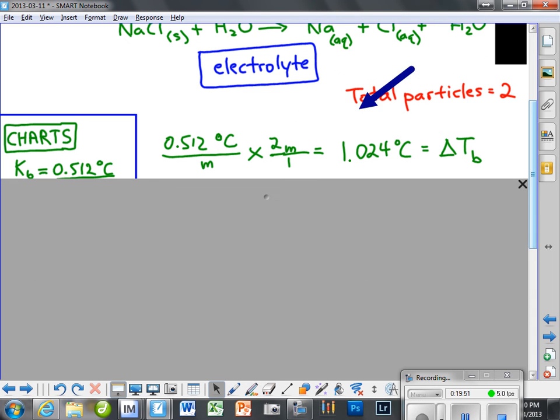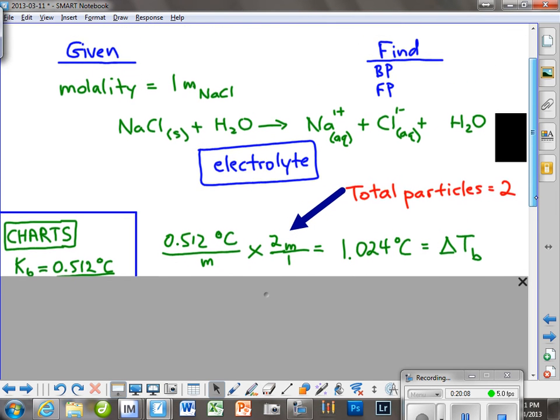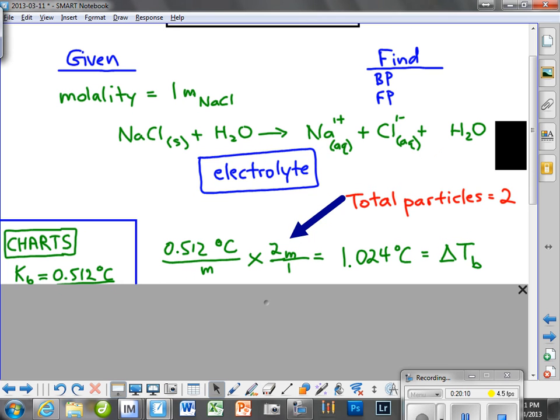All right, in our first calculation, we're starting out with the same number we had in the last calculation, 0.512 degrees centigrade over molality. Then, because in this problem we have sodium chloride, which forms two particles, and we got that uncovered, that's what we came up with here.